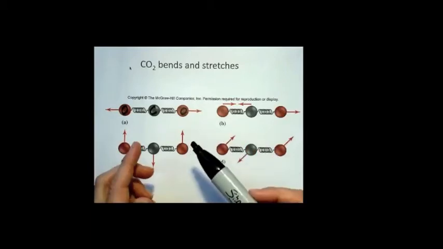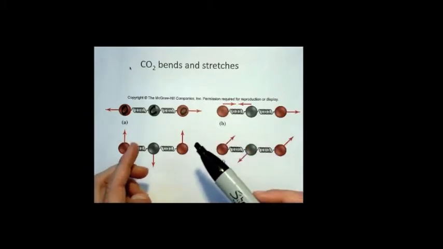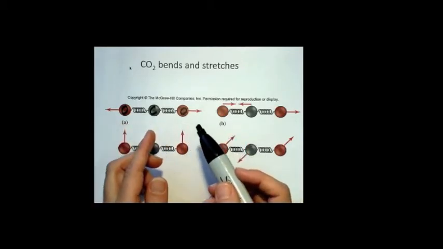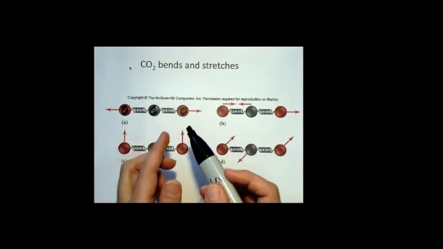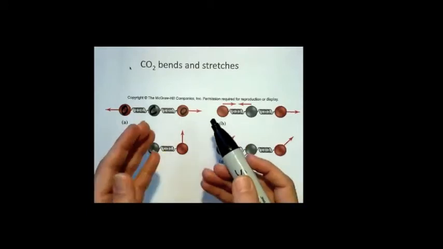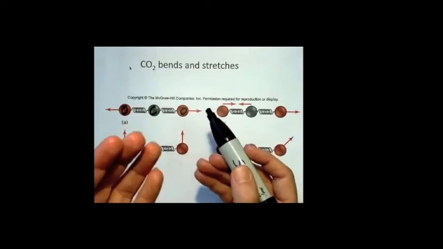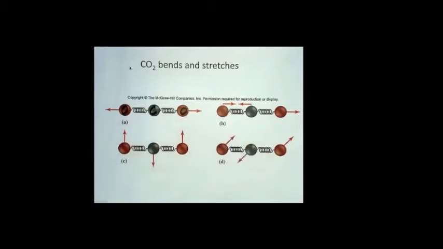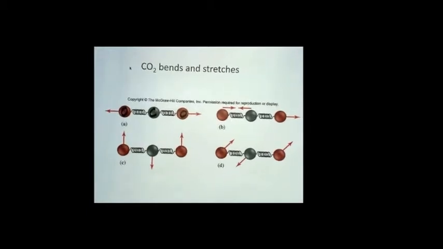And if you're holding a slinky, there are 2 different things that you can do with it. You can stretch the spring and compress the spring back and forth, and that would be this kind of stretching motion. Or you can take the slinky in your hand and move it up and down, and that would be what we call bending motion. So you can do a stretching type of spring action, or a bending type of spring action.